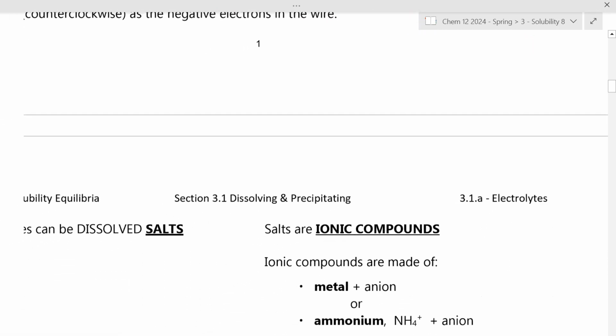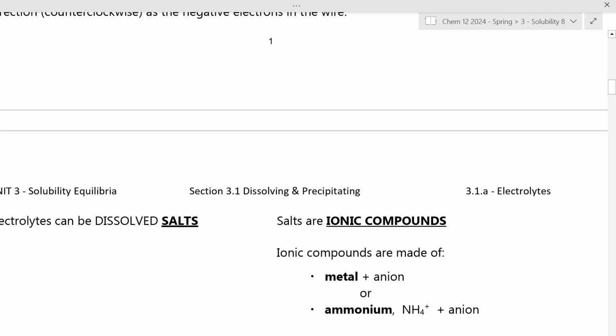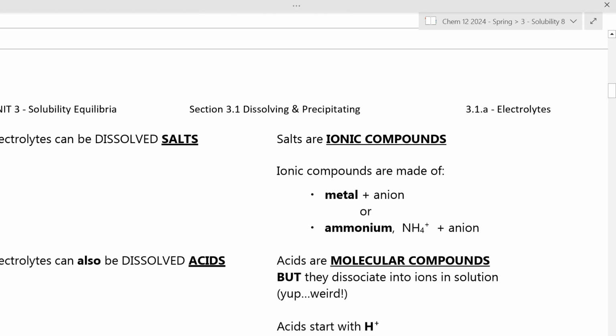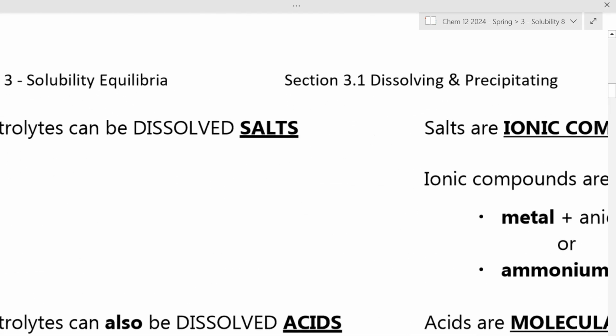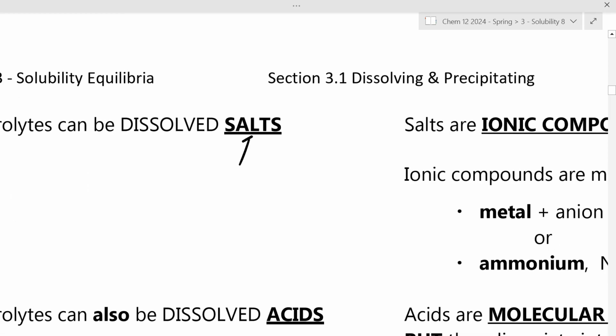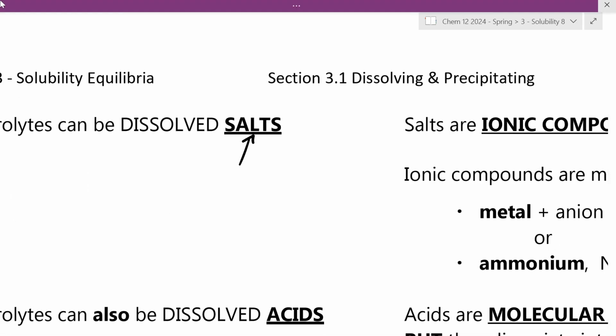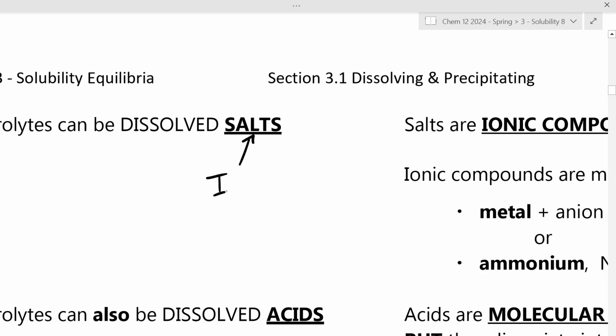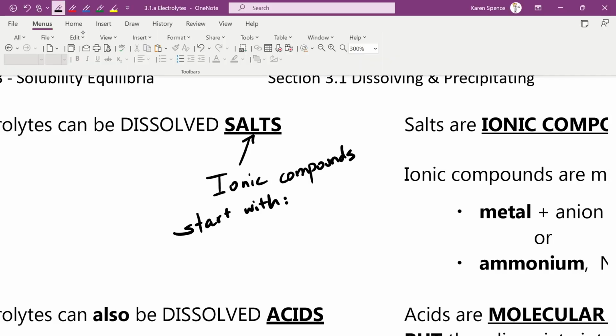Okay, so here we have some examples on our next page. How do you know that you have a salt? What kind of a compound is a salt? It is an ionic compound. What do ionic compounds start with? A cation, and the cation could be what?